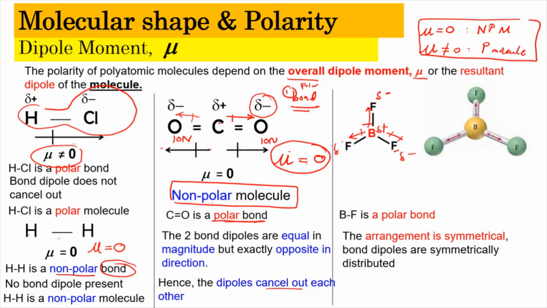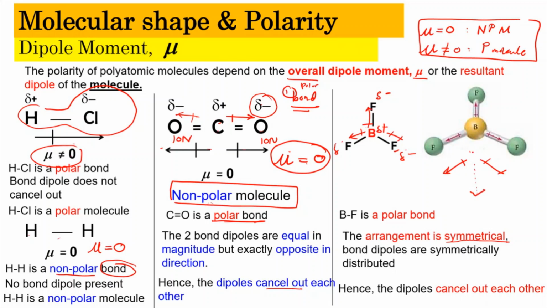However, BF here and BF here are arranged symmetrically, and hence you can say that the dipoles can cancel out. How can they cancel out? Because when you have this direction and then this direction, you create a resultant force in the center here.